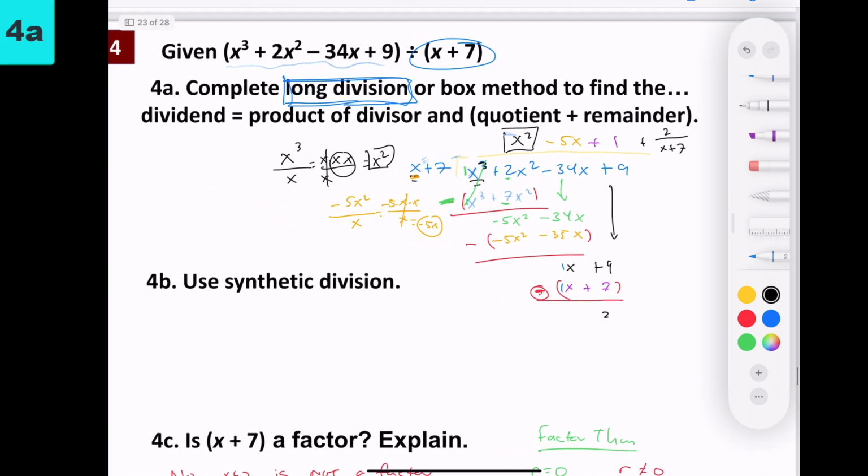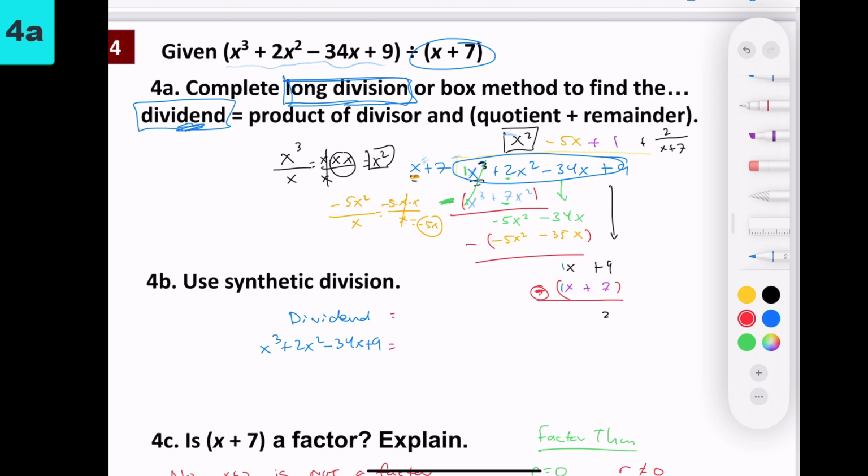Let's go ahead and write that out. So the dividend is everything on the inside. Dividend is x cubed plus 2x squared minus 34x plus 9.